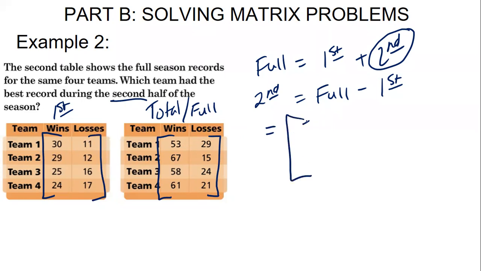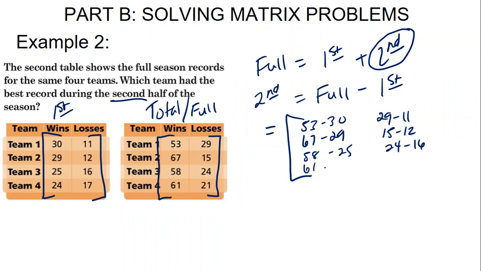So we have 53 minus 30. Then we have 29 minus 11. We have 67 minus 29. We have 15 minus 12. We have 58 minus 25. We have 24 minus 16.